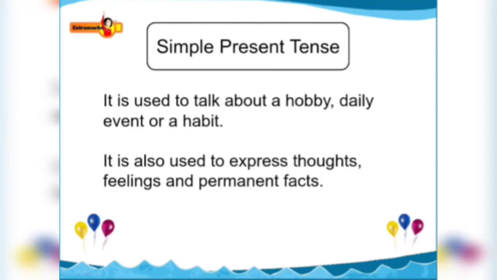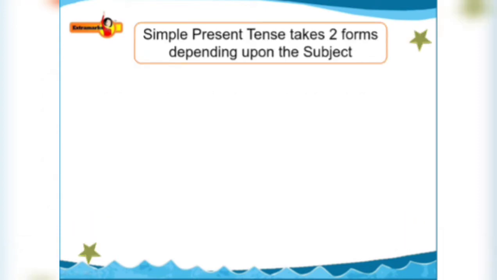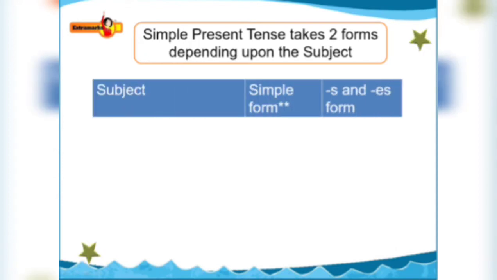Simple present tense is used to talk about a hobby, daily event, or a habit. It is also used to express thoughts, feelings, and permanent facts. It takes two forms depending upon the subject: the simple form and the s and es form.